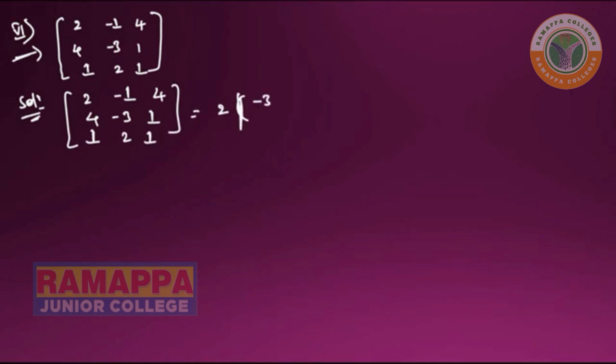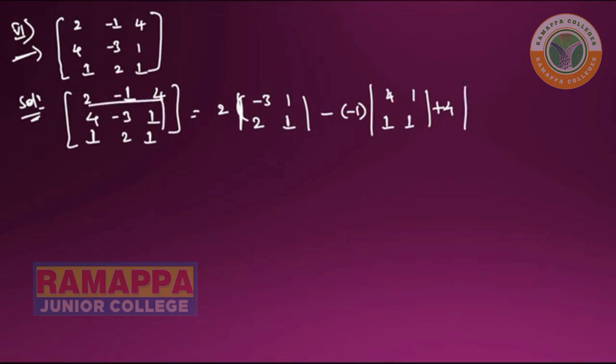this minus 3 1 2 1 will come, and again minus of minus 1 into det of what will come here? This will go, so 4 1 and 1 1 will come here. And again 4, if we come onto it, so 4 1, this row and this column, it will give this one: 4 minus 3 and 1 2, so this will come.